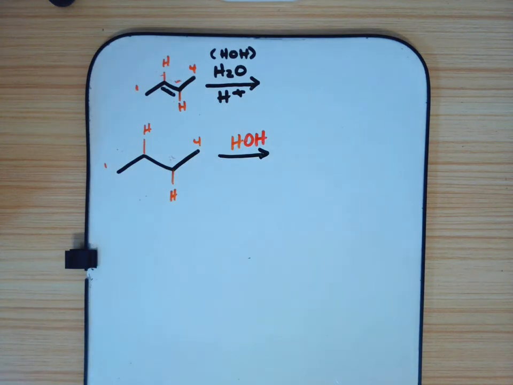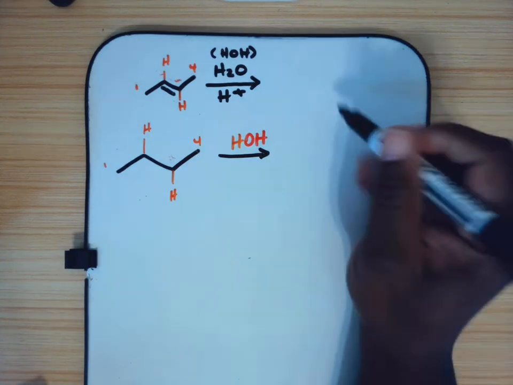And so in order to determine which one goes where, we can look at how those atoms are arranged around the carbon atoms where the double bond was originally located. So you actually have 2 different options.